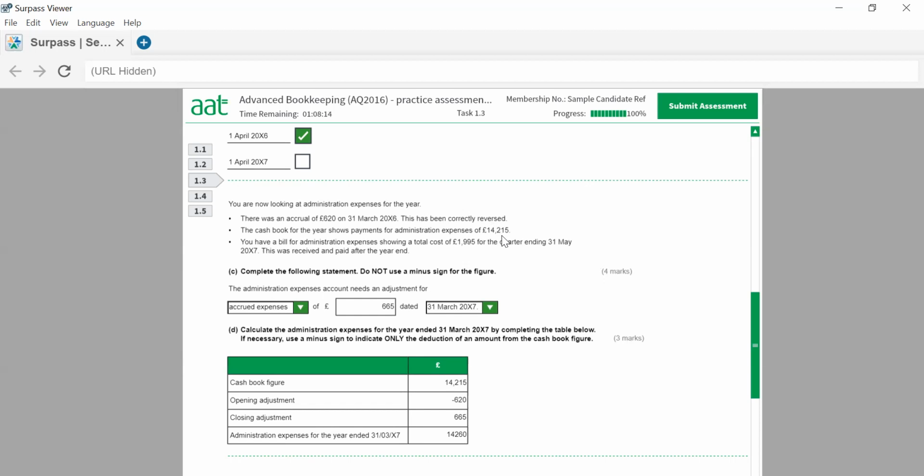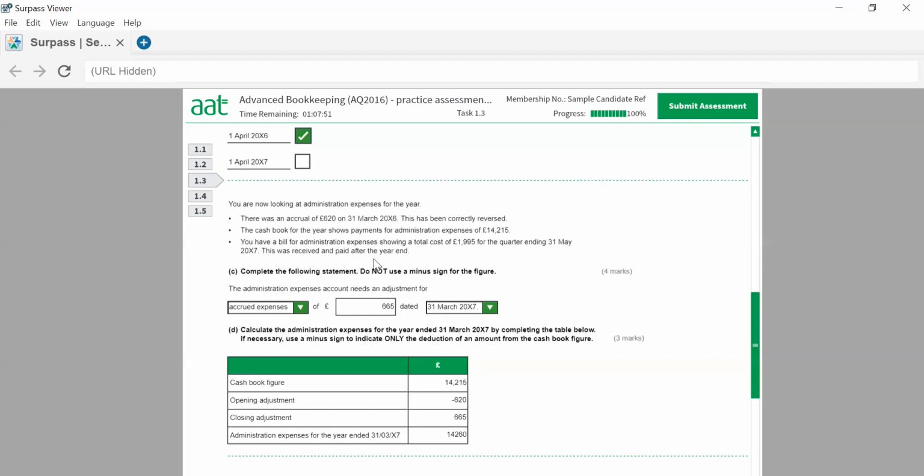And now we need to work out basically if there's anything accrued in relation to these adjustments here. So 14,215 is what we've paid, but it says you have a bill for admin expenses totaling £1,995 for the quarter ending 31st of May 2007.